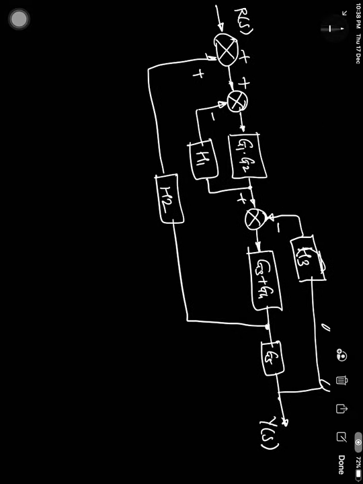Now the next, very important step you are supposed to understand, is the shifting. This point, I will shift this particular summing point to the right. If I am shifting, then there is one block G5, so I am supposed to divide H2 by G5.